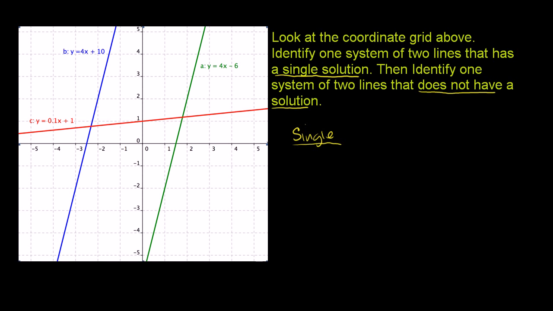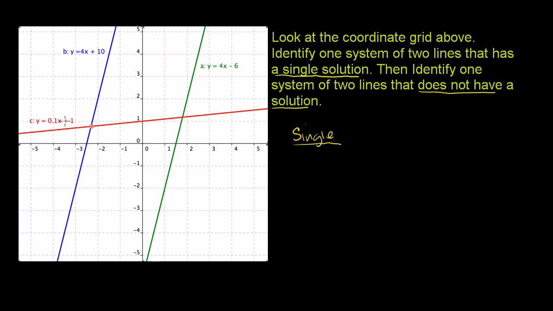So if we look right here at the points of intersection, this point right there satisfies this equation, y is equal to 0.1x plus 1. And it also satisfies this blue line, the graph that represents y is equal to 4x plus 10. So this point represents the solution to both of these.